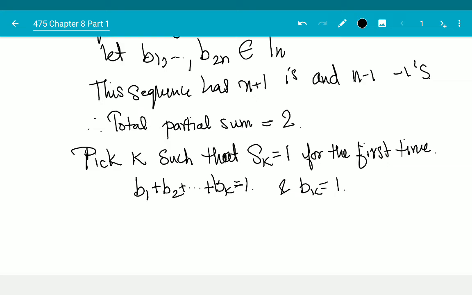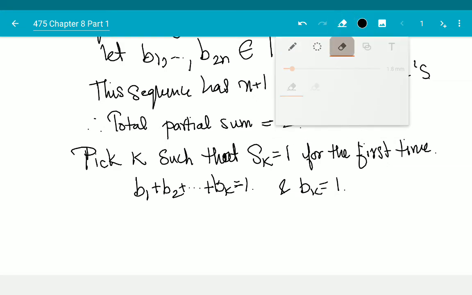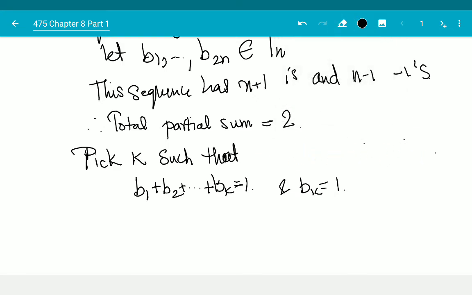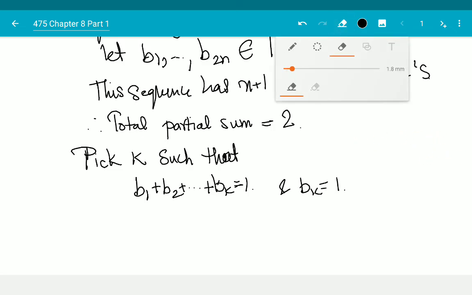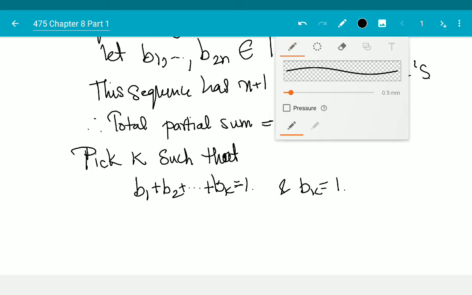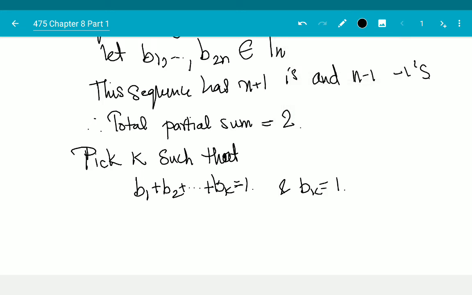Okay, let me change it so that this statement literally says: such that the kth partial sum is greater than 0 for the first time. Okay.